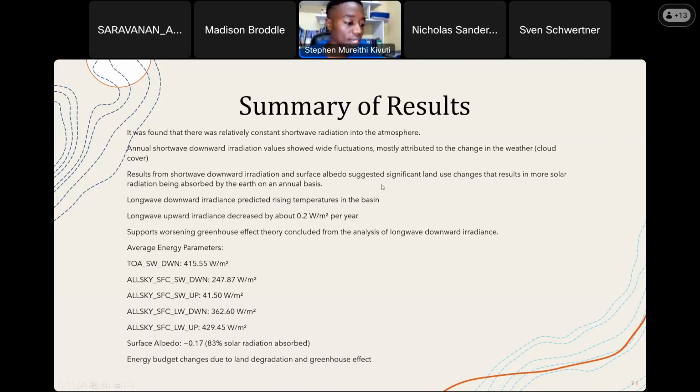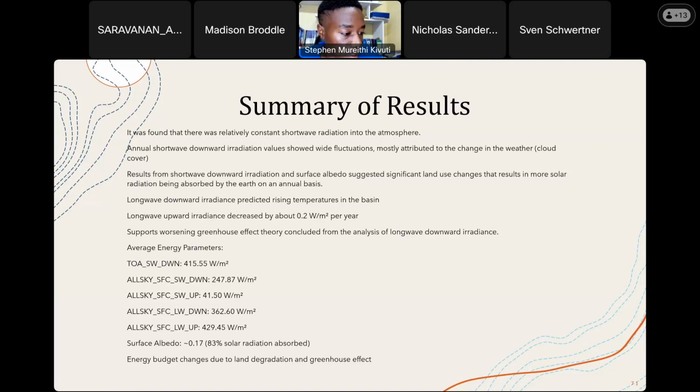So with that in mind, we see that the annual shortwave downward irradiance showed wide fluctuations. These were attributed to a change in the weather, that is the cloud cover. We did correlation and noted that that was making the difference.